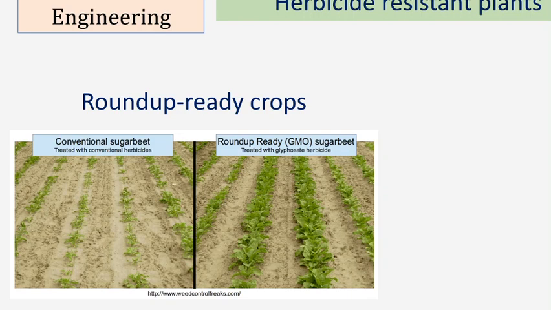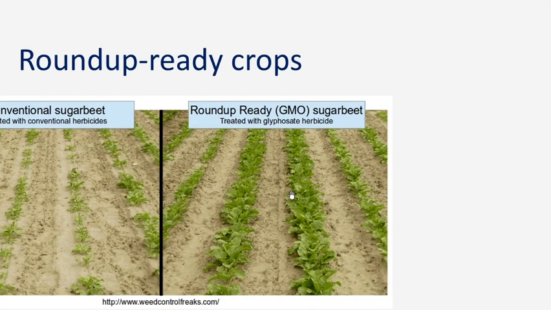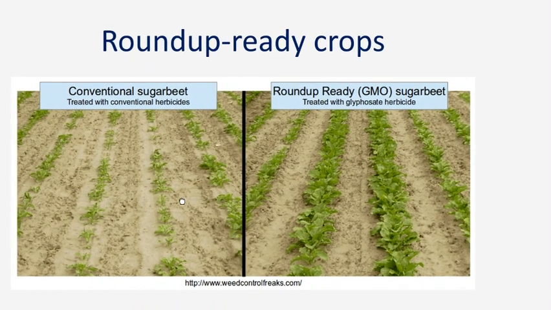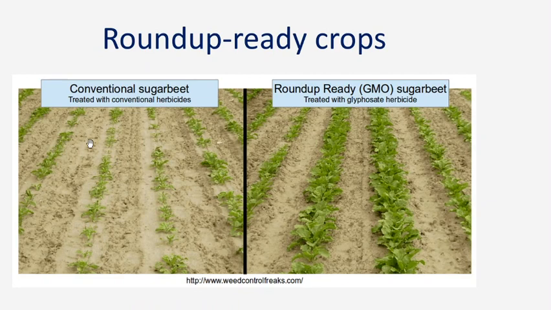In this situation, scientists have come up with genetic engineering to genetically modify the crop plants, so that these plants can survive or withstand this strong glyphosate chemical. So what happens when you apply the herbicide on conventional sugar beet, there is no weed, you see, but the growth of the sugar beet is also hampered.